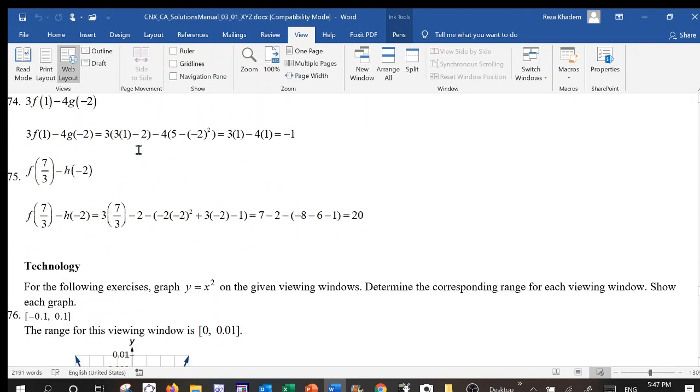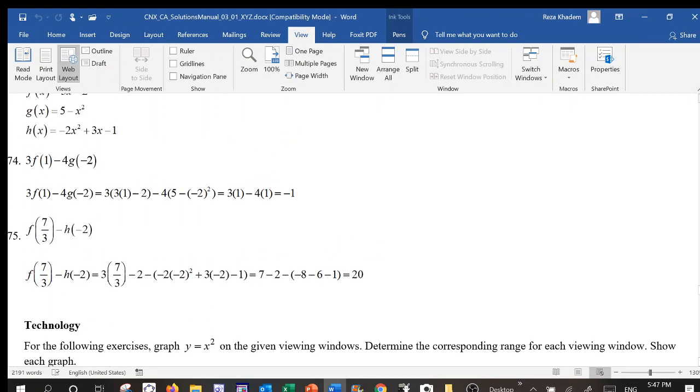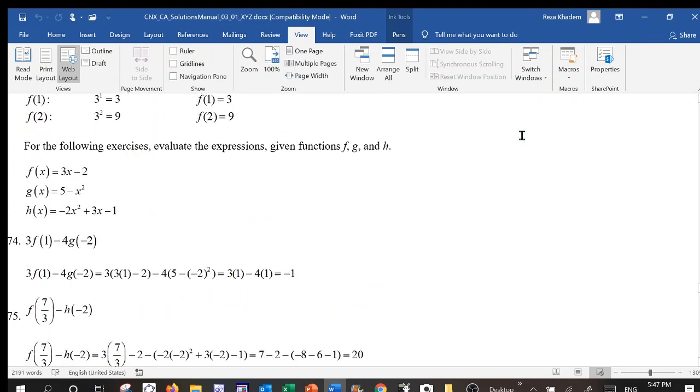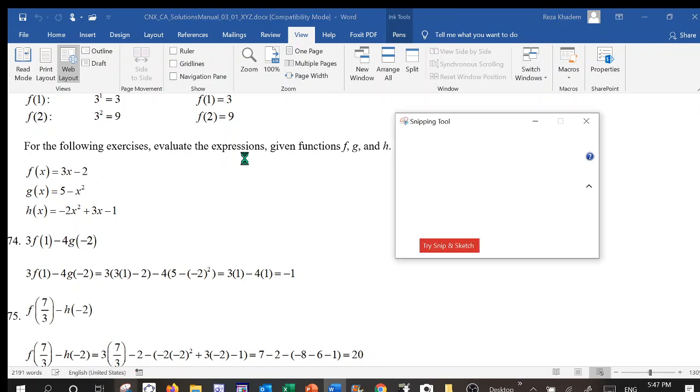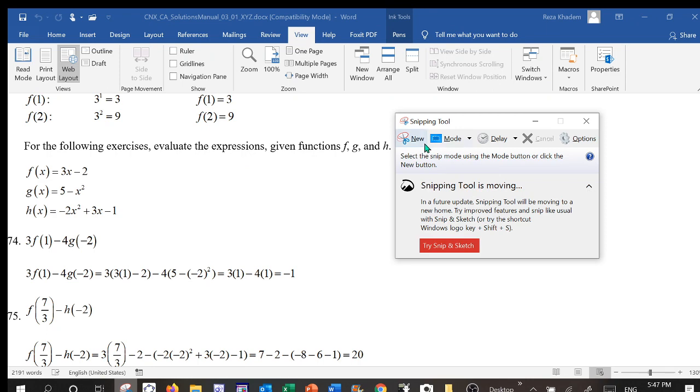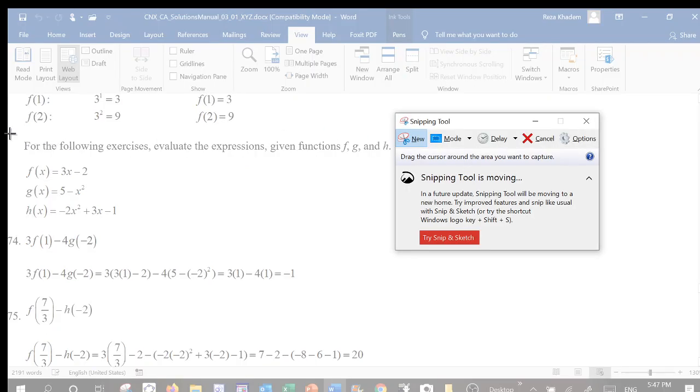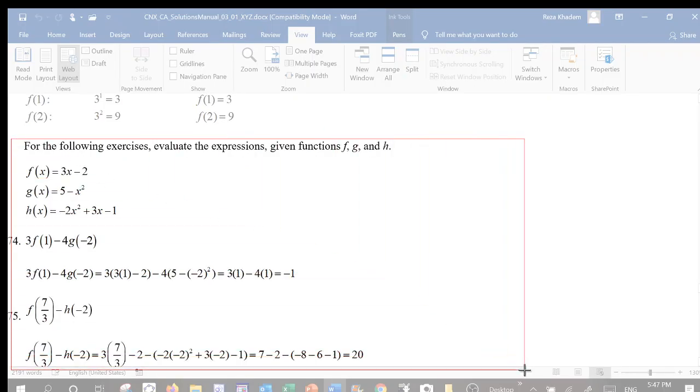In 74, it says, for the following exercises, evaluate the expressions given functions f, g, and h. So these are the functions that we are given, and we want to evaluate this right there.